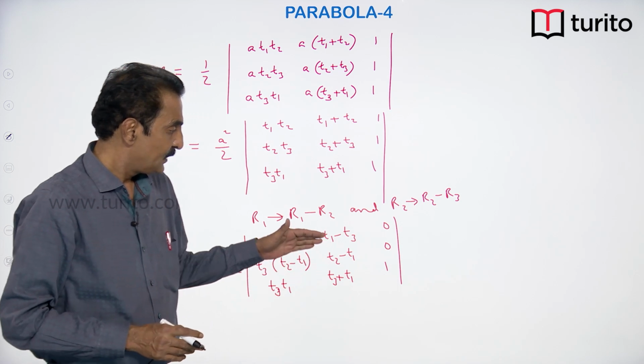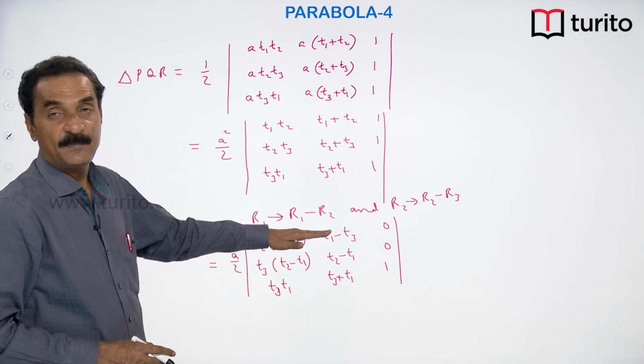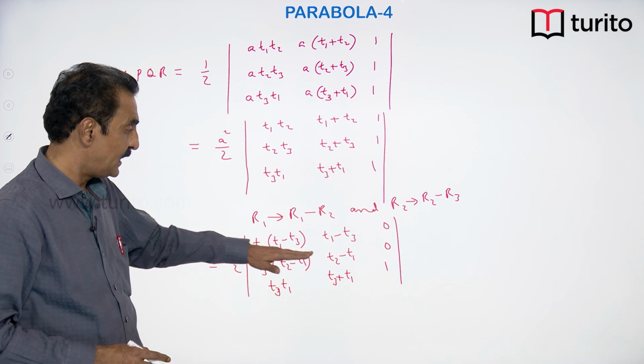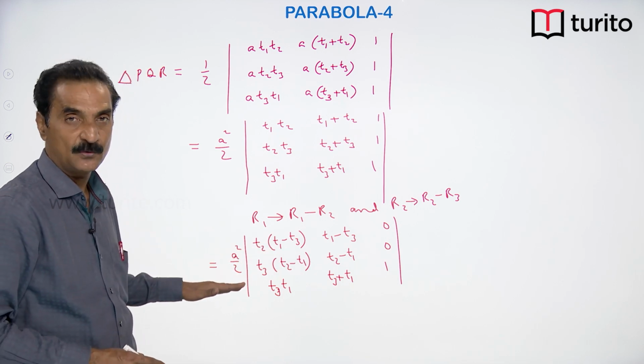Now, you can take t1 minus t3 common from the first row and t2 minus t1 common from the second row.